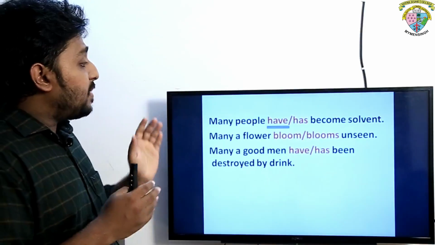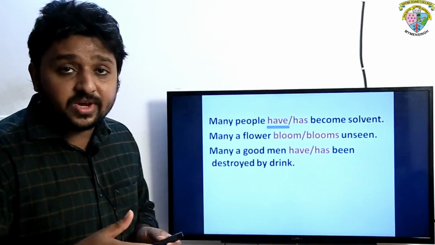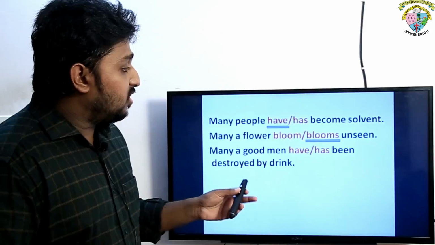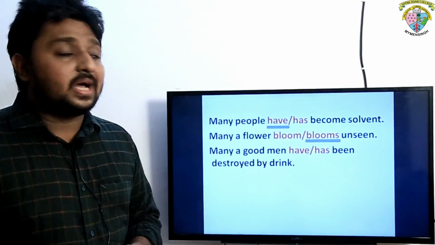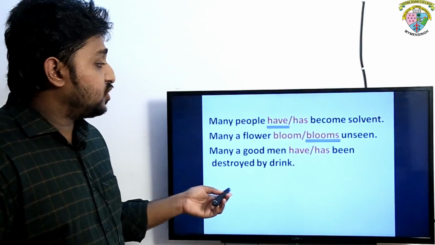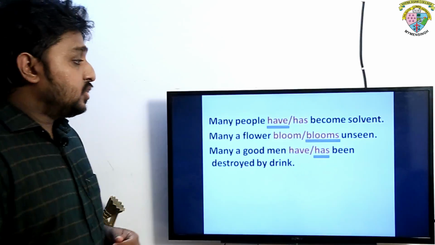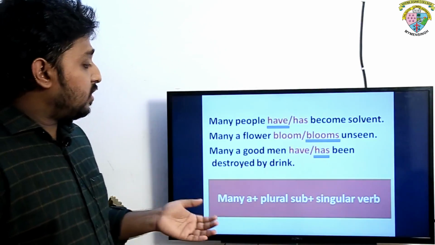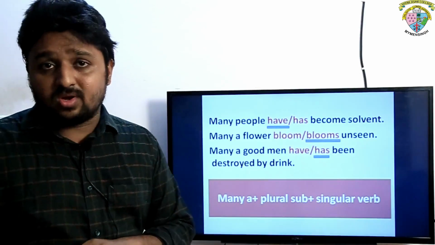If we see many a in a sentence before the subject, then we have to use a singular verb. So the correct answer should be many a flower blooms unseen. Many a good man have or has been destroyed. So the correct answer should be has been destroyed by drink. So please write down the note: many a plus singular subject plus singular verb.